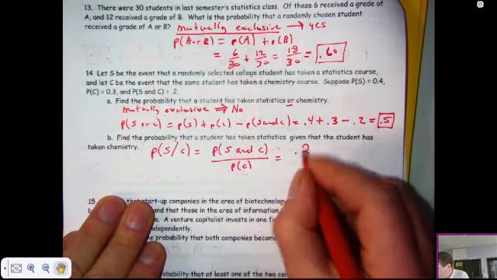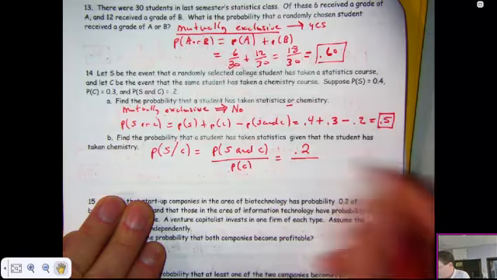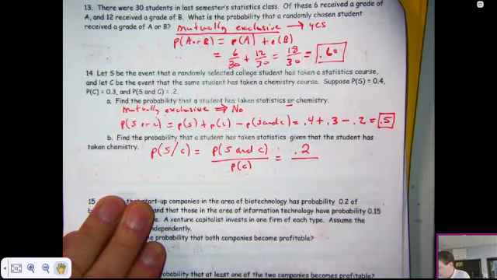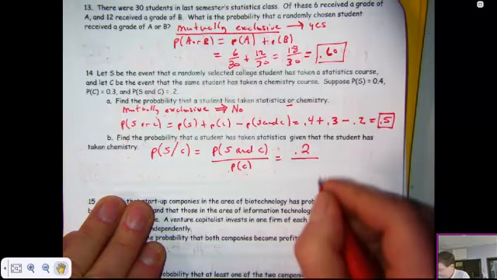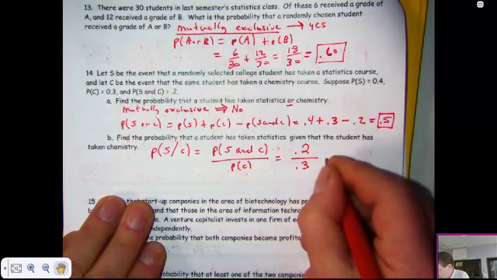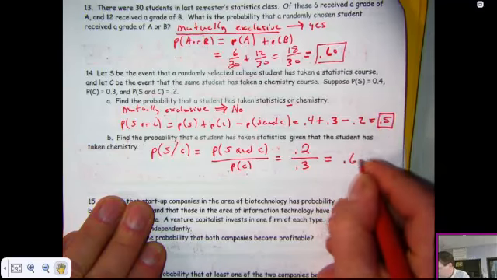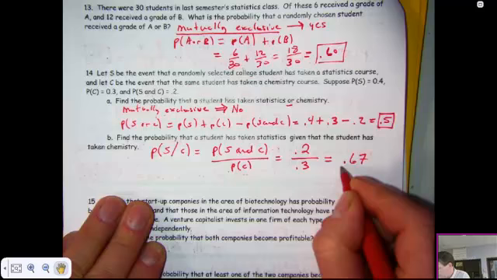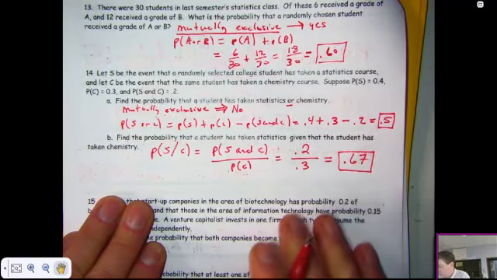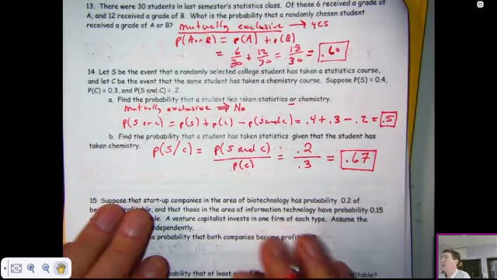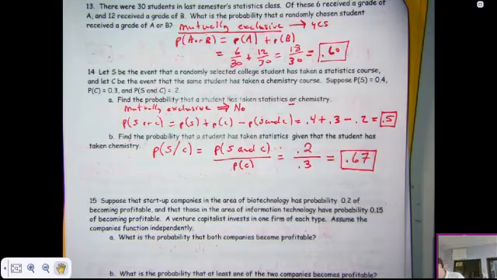The probability of just chemistry is 0.3. So 0.2 divided by 0.3 is 2/3, 0.67. So that's a conditional. We're given extra information to help us with that probability.